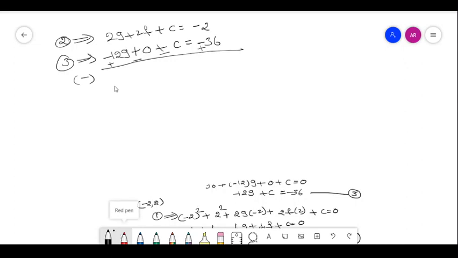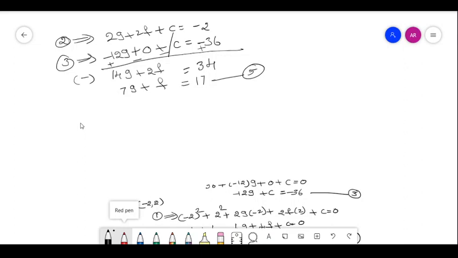Now 2g plus 12g becomes 14g, plus 2f, plus c minus c will be cancelled, is equal to minus 2 plus 36, which becomes 34. Dividing every term by 2 we get 7g plus f is equal to 17. Take it, this is the fifth equation.